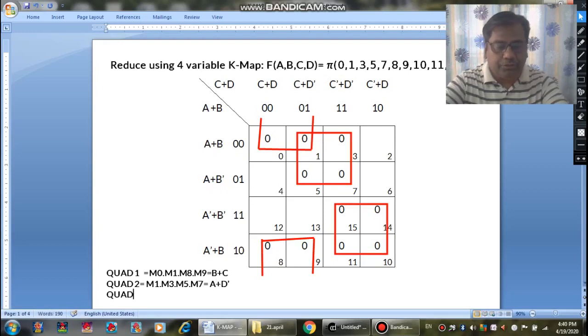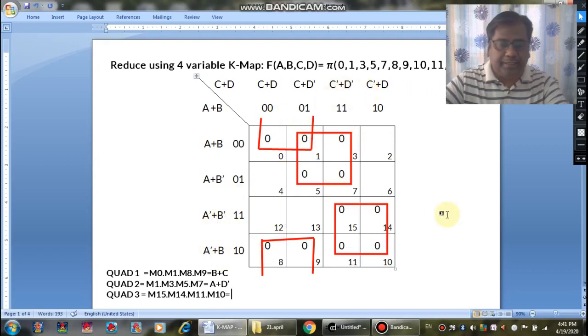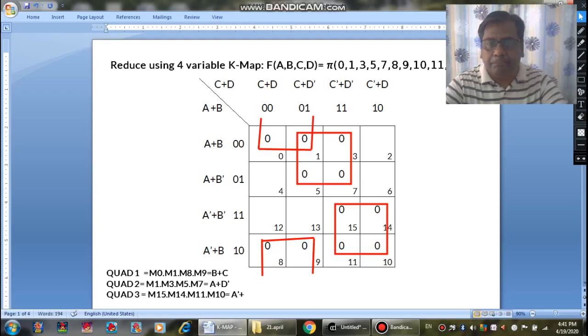Now we will take quad 3 as M15 dot M14 dot M11 dot M10. From the left hand side, A bar is same, B is changing, and from the top, C is same, D is changing. That means we will consider A complement plus C complement.